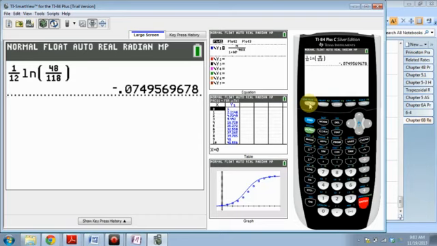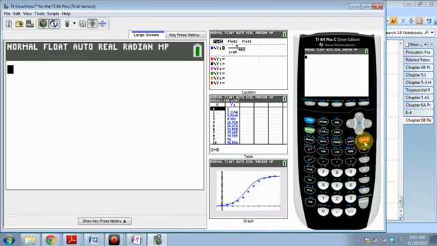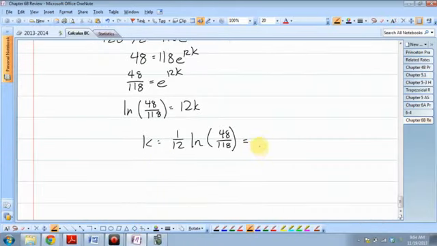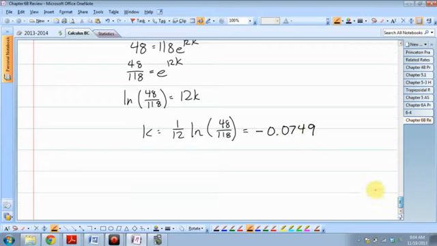Negative 0.0749. I'm going to immediately store that as K. Negative 0.0749. Great. Next. Is that part A?